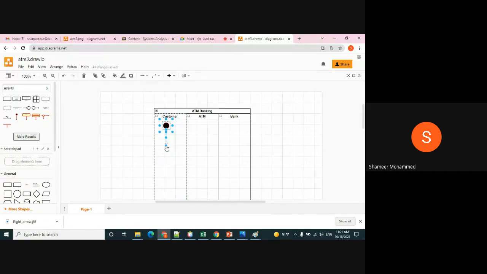Okay. When you keep the cursor on the arrow, it will show you what to draw. See, here is the activity you have. If you want, you can increase the size.